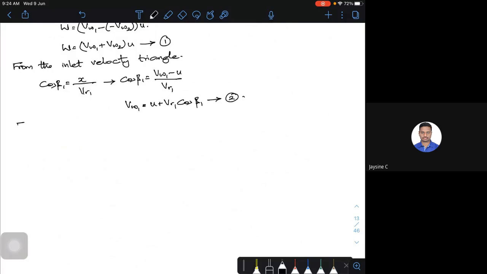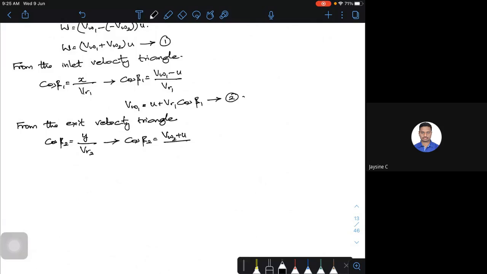From the exit velocity triangle, cos beta 2 is equal to y divided by VR2, where y is equal to VW2 plus U. So cos beta 2 is equal to VW2 plus U divided by VR2, or VW2 is equal to VR2 into cos beta 2 minus U. Let me call this expression number 3.